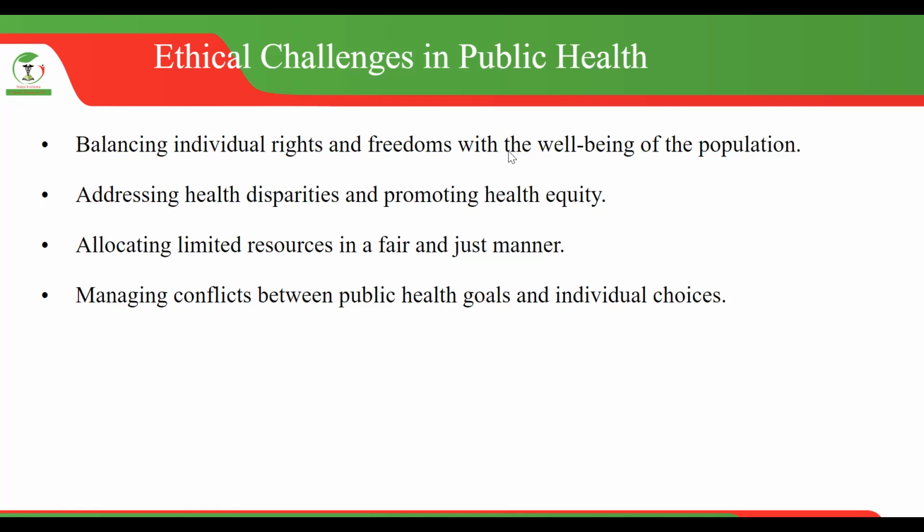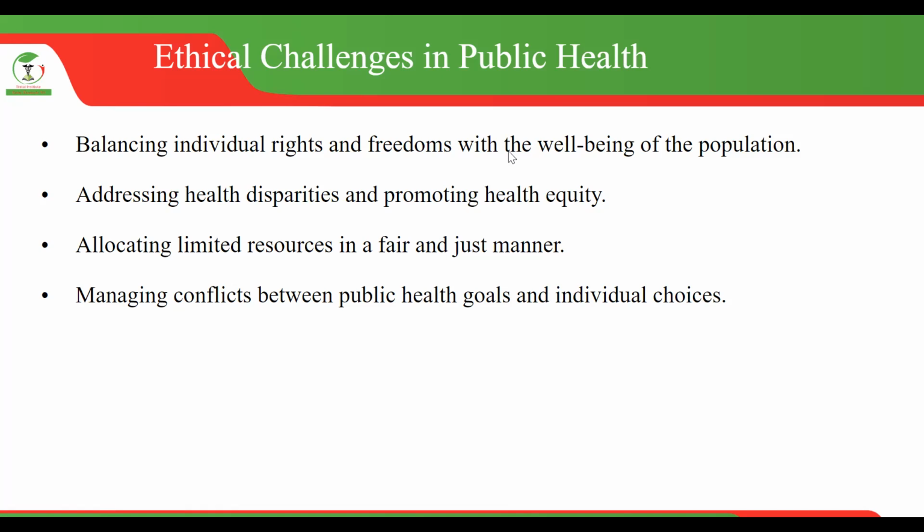So resources should be shared fairly and in a just manner to prevent what we call health inequity. So we can promote health equity if we allocate resources equitably. And then we always have to deal with issues of making sure that people can do what they want. That is what we call individual choices. But they should not do everything that they want at the expense of public health.